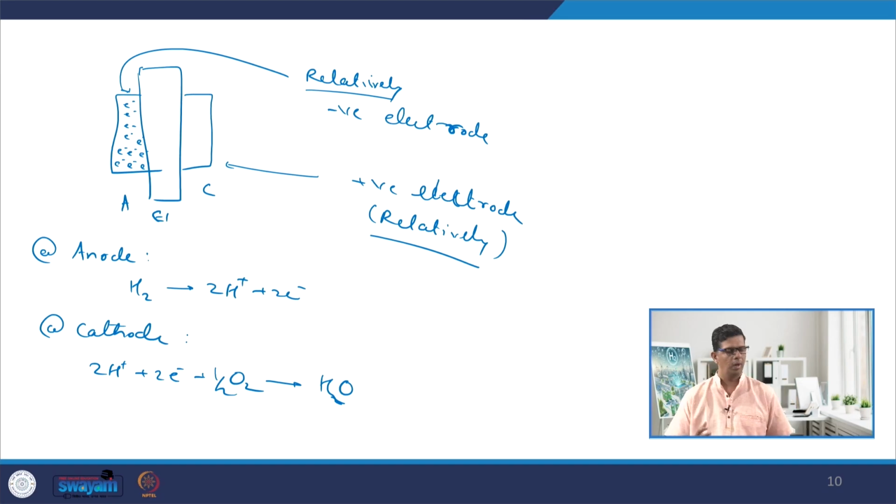Right. So why are we not able to have an infinite amount of current flowing through this electrochemical cell, whether it is any type of fuel cell or any electrolyzer? Why are we not able to supply an infinite amount of current so that we can generate an infinite amount of hydrogen?